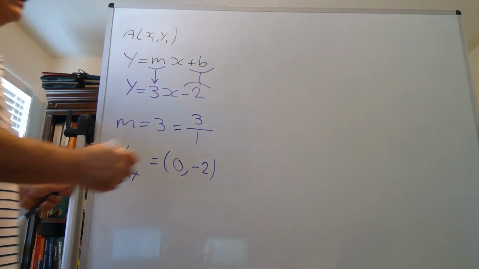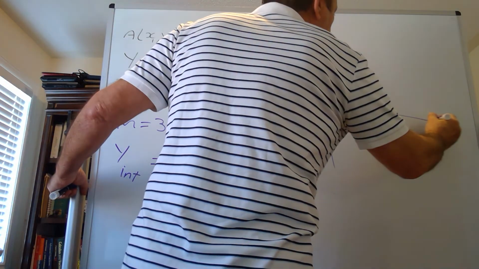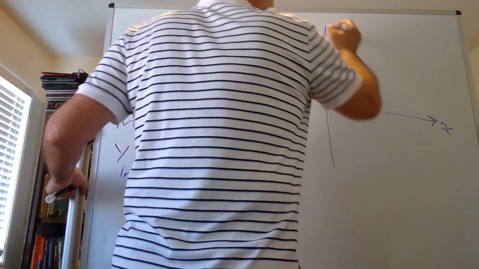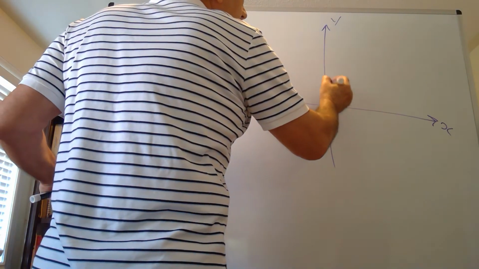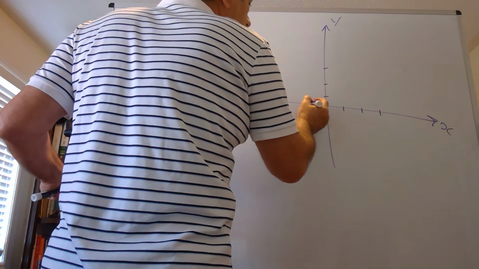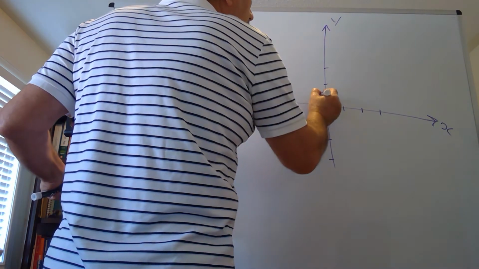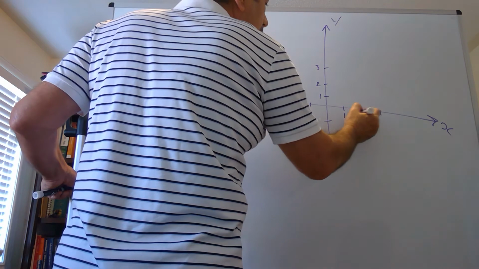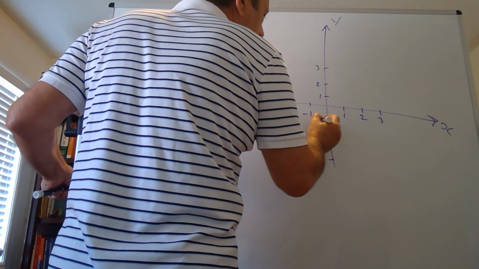If I graph the coordinate system, x and y, okay, 1, 2, 3, 1, 2, 3, negative 1, negative 2, negative 3.